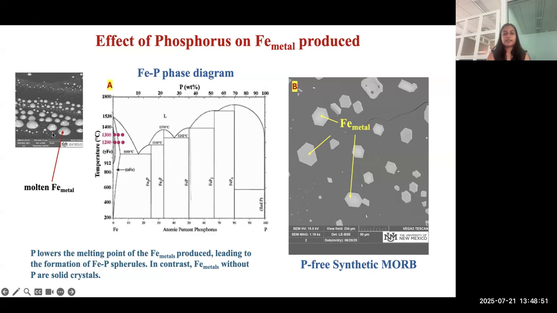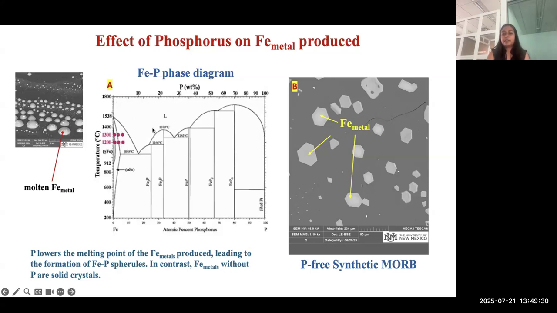We were wondering why those are spherical, because iron melts at close to 1600 degrees C, and my experimental temperatures are never above 1300 degrees C. Therefore, I wanted to see what kind of crystals or melt or partial melt phosphorus is creating when it's partitioning with iron metal. These red ones are my data, and these are the phosphorus abundances in various experiments in weight percent.